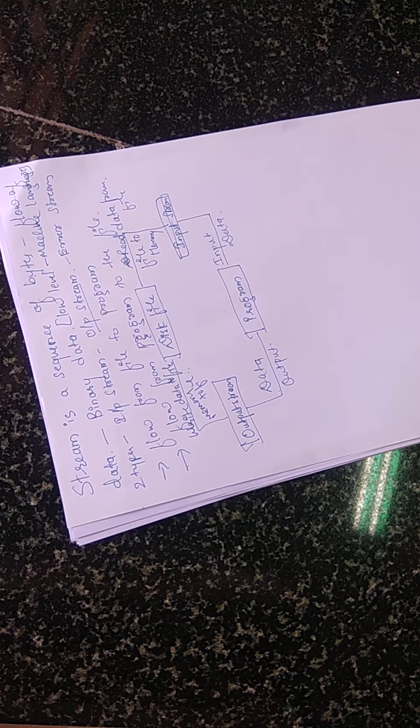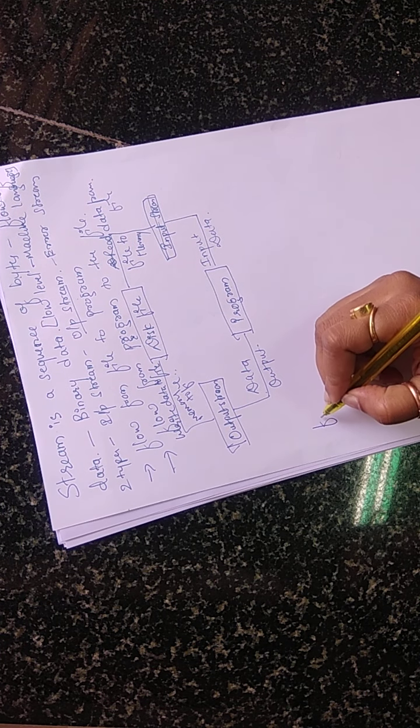Fine. So with this diagram, you can easily see the difference between input stream and output stream, and how the data flows from one part to another. With this, in the last class, we also saw one header file called fstream.h.